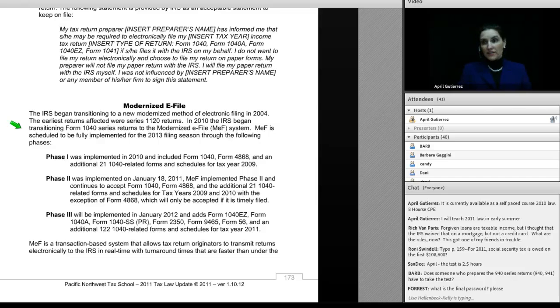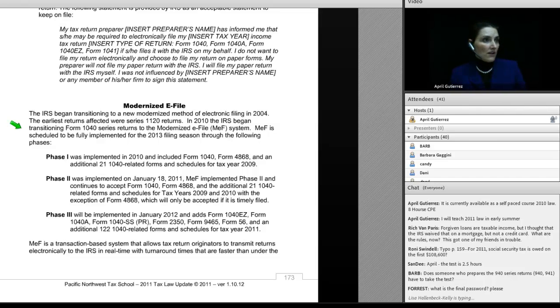It's that fast. The other benefit of Modernized E-file is that it allows the electronic filing of back year returns. If you're working with a software provider who operated with software accepted through Modernized E-file in 2011 for 2010 returns, it is still possible to electronically file some 2010 returns.